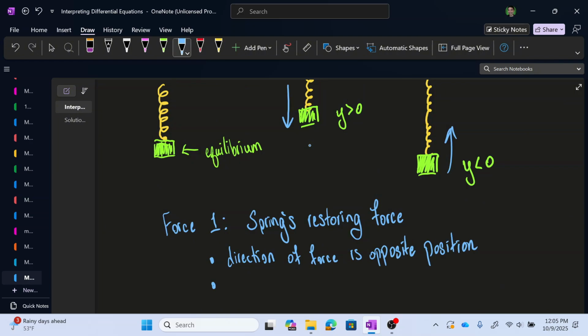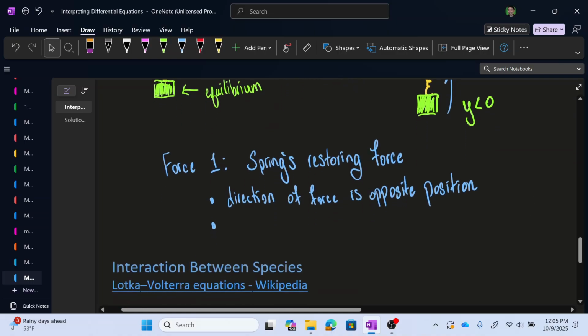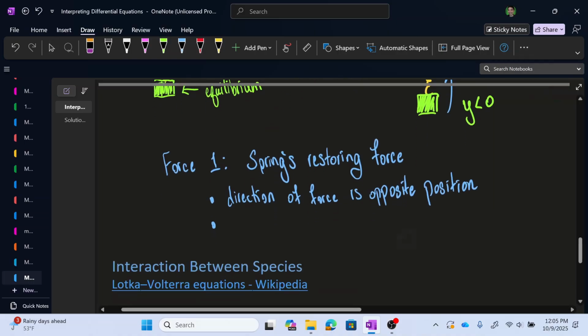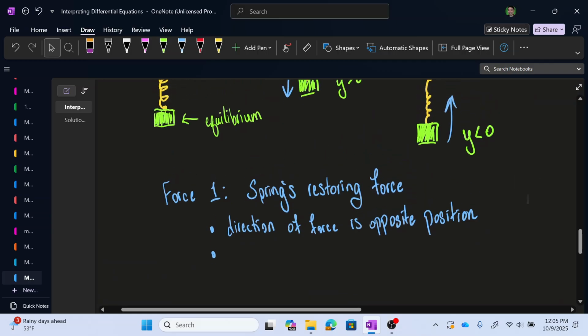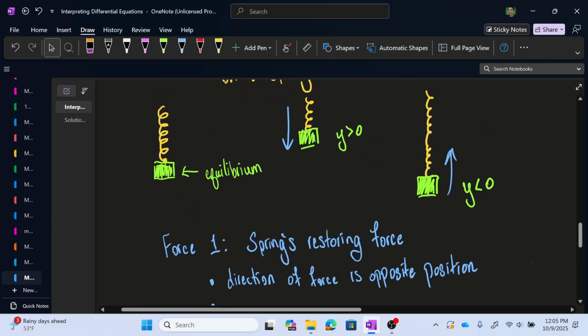The other thing that I will recall as I think about when I have messed around with springs is that the strength of this restoring force is going to depend on how far that object is away from equilibrium.